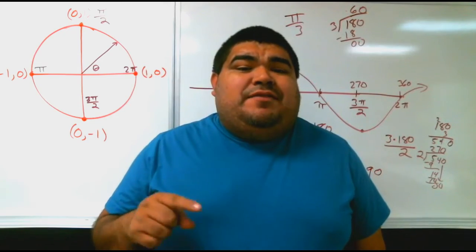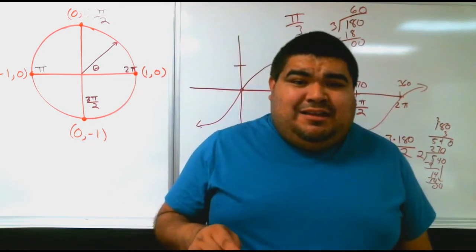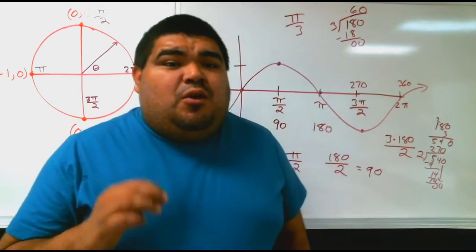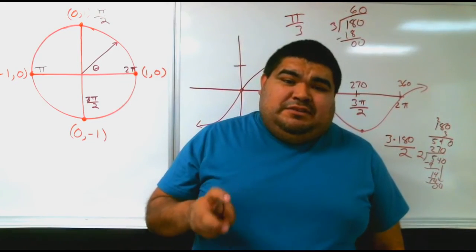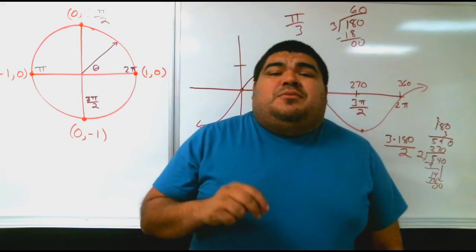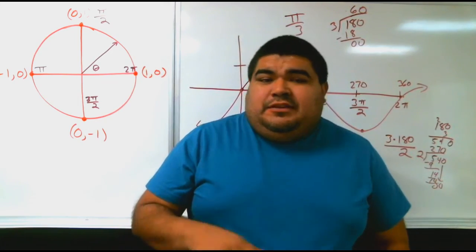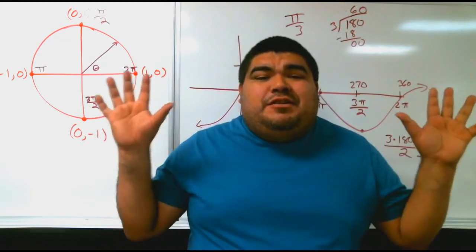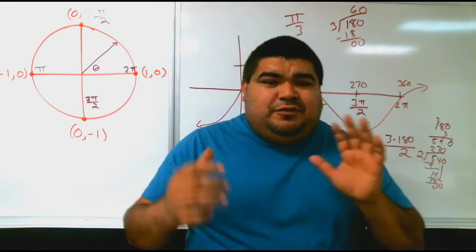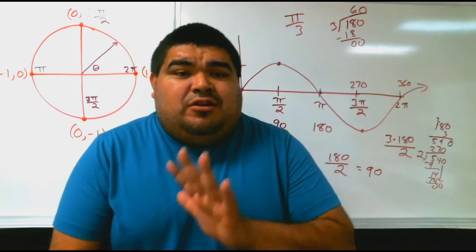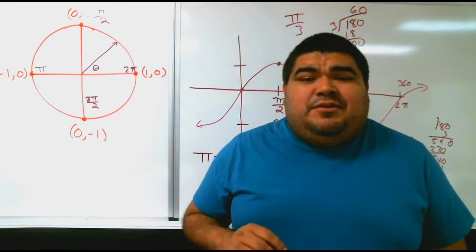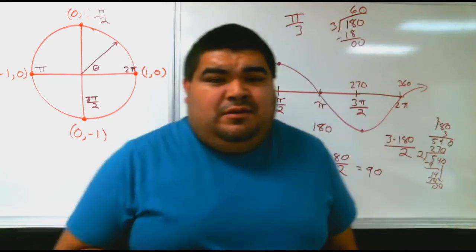You guys should have that work from the previous concept. All I want you to do is convert those 2 radians from the previous concept into degrees. That's all we're doing today. Very, very simple concept. All you have to do today is write it out in your notes, and from the last class, convert those 2 radians I gave you into degrees.